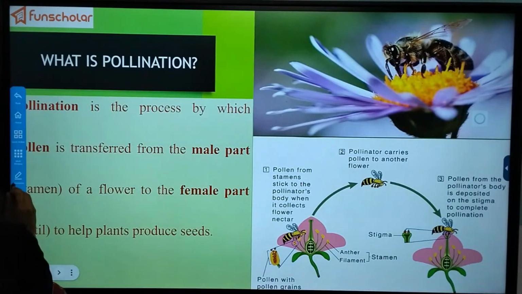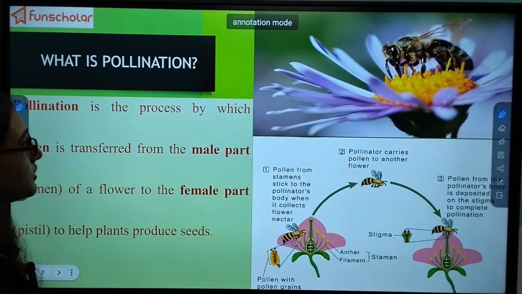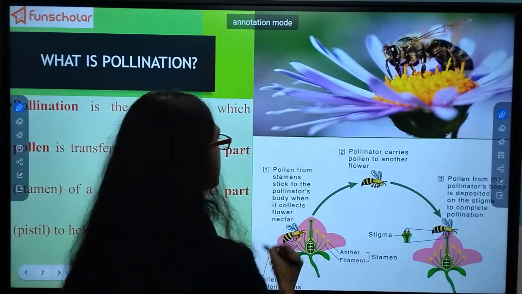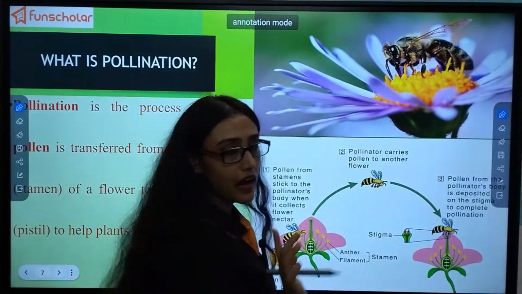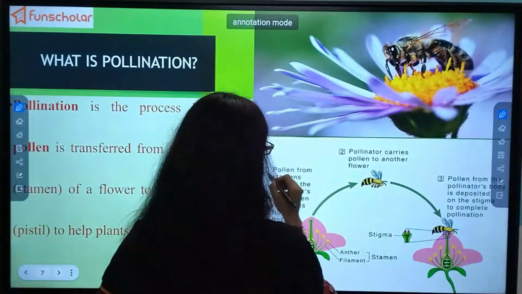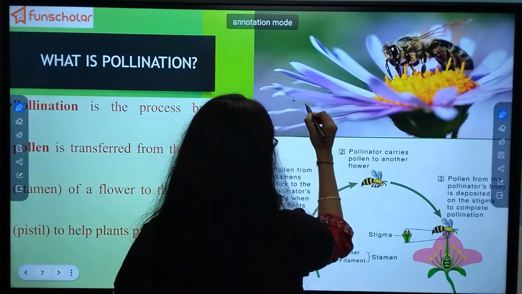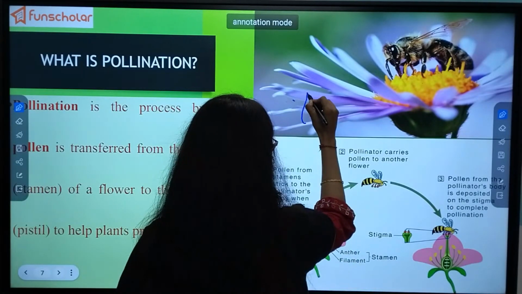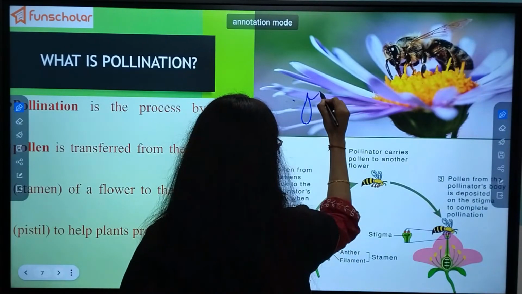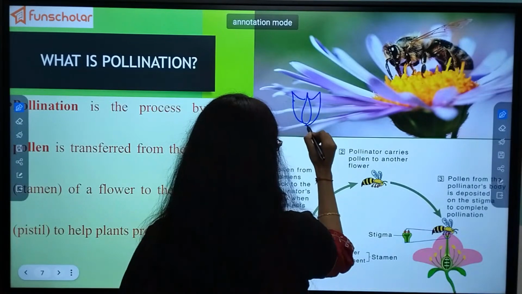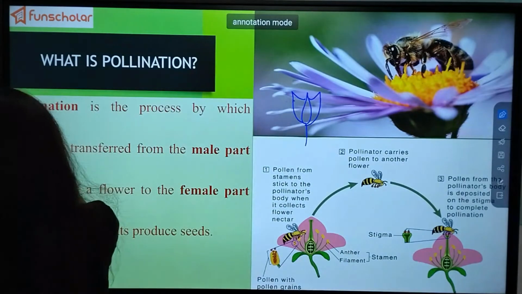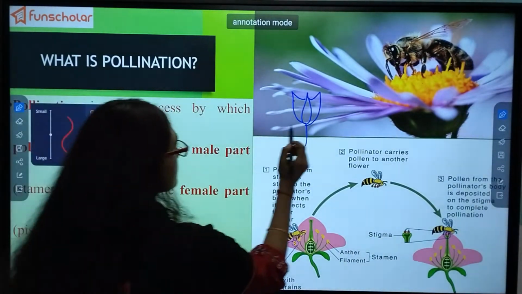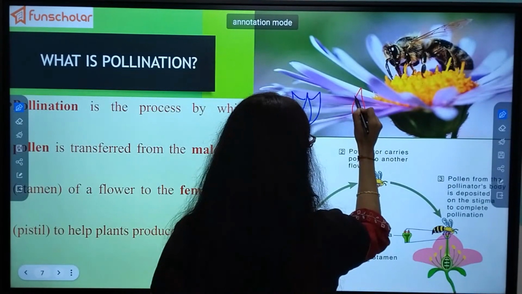Okay, now what is pollination? You know plants can't move. So suppose this is one flower, and this is another flower.